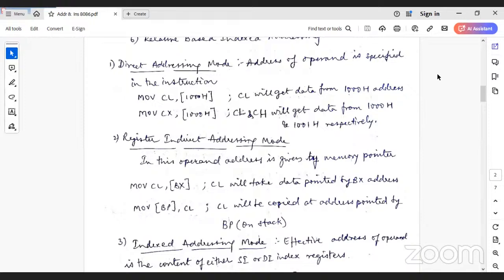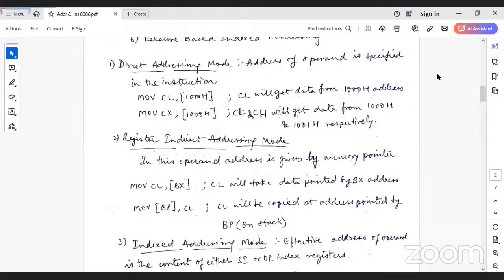Vice versa is also possible. So that is why the next instruction says that whatever data is present in CL register, that is your source, will be copied into a location whose address is given in the base pointer, or the stack register.